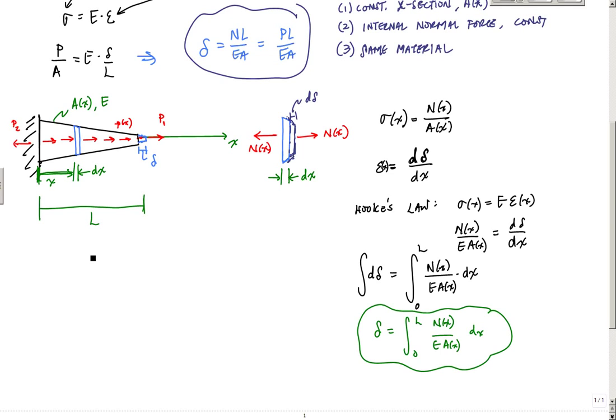But sometimes you have, say, a rod here, let me draw this rod. Oh, I forgot my straight edge. But here, I might have various axial loads, P2, P1, at different segments. And so my internal axial force here is one value, we'll call that N2, and then another here, N1.